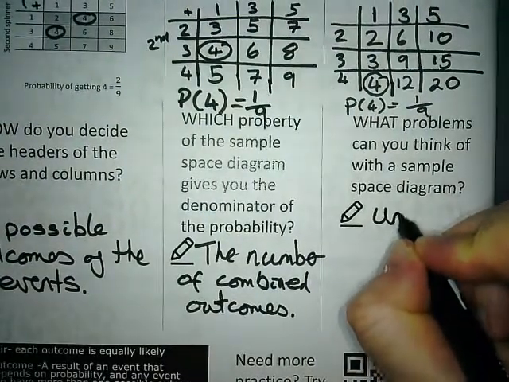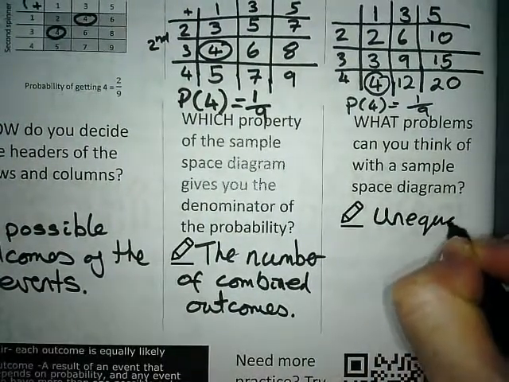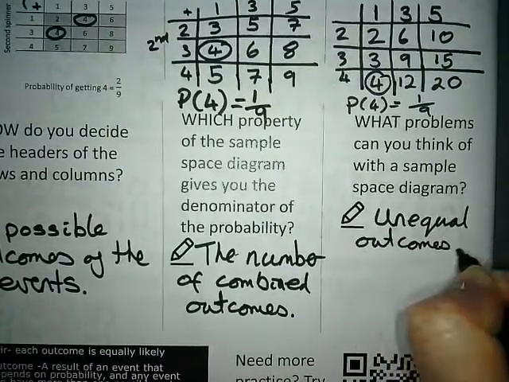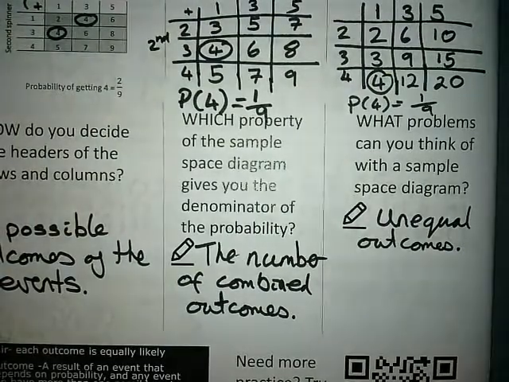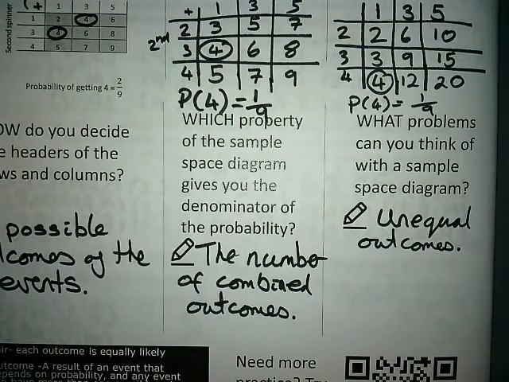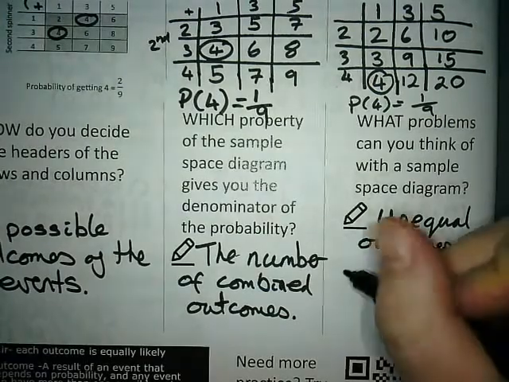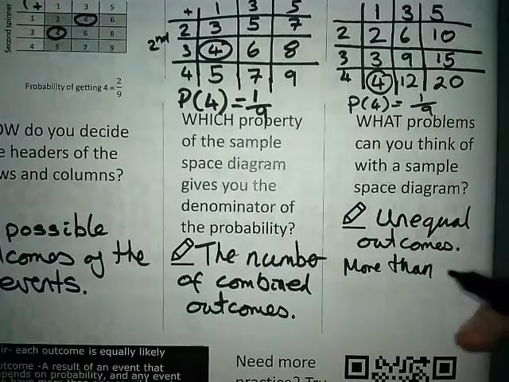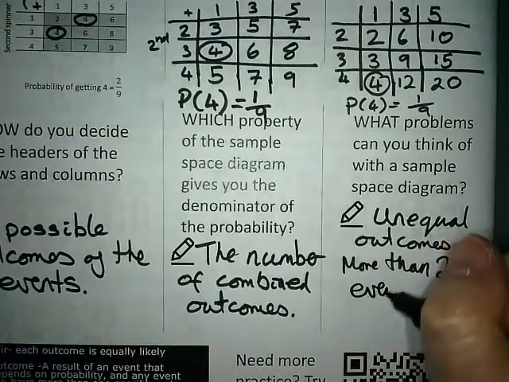So unequal outcomes. And another problem is, what happens if I had a third spinner? You can't make a 3D one very easily. So more than 2 events.